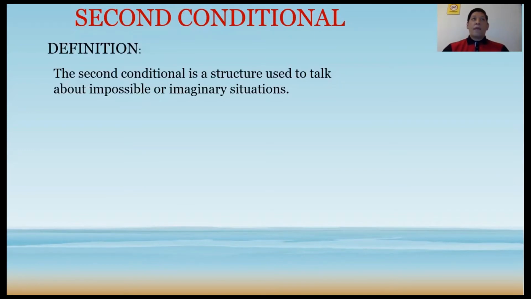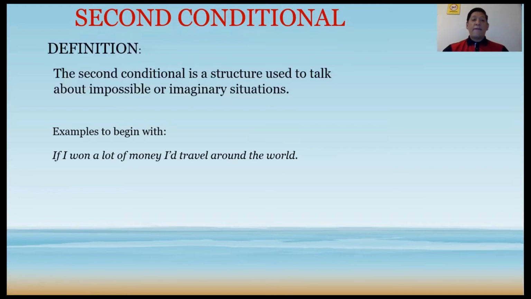Therefore, in this moment, it is not possible to go to these places. So maybe if you want to go in this moment, it's only imaginary. It's only in your imagination because it is not possible. Now, to start with, we're going to begin with some examples. If I won a lot of money, I would travel around the world.